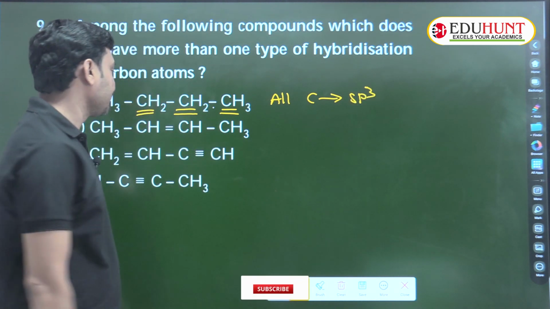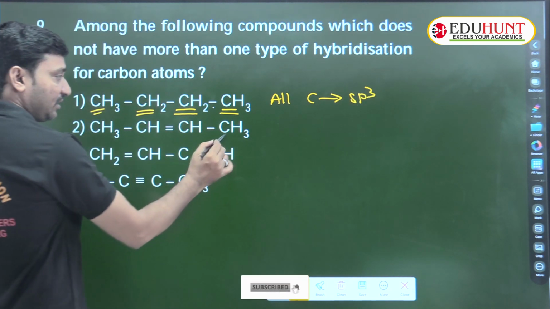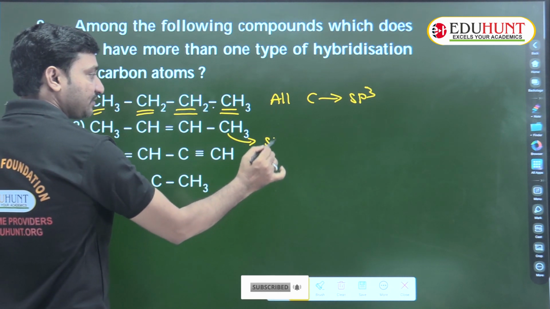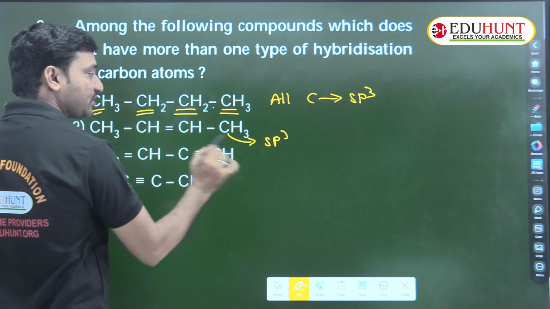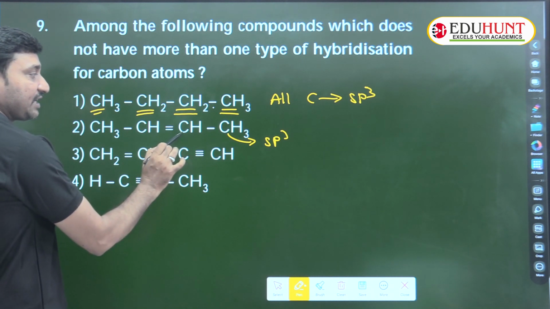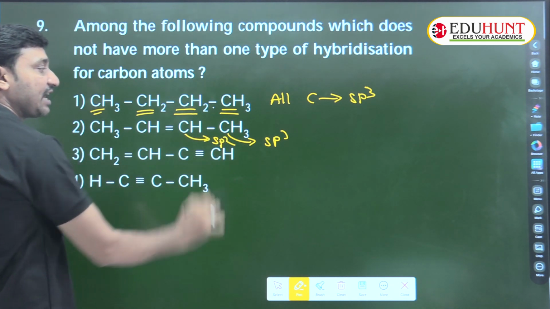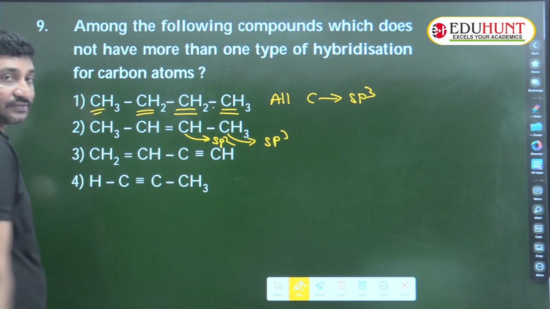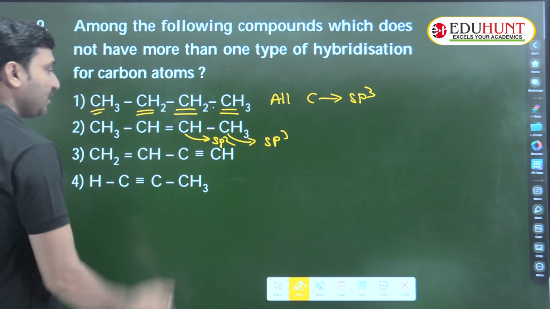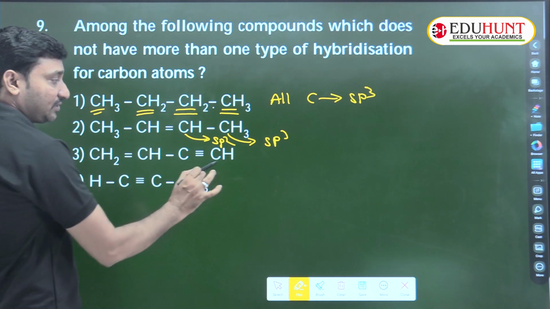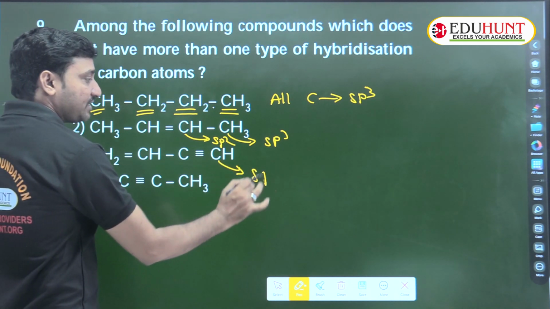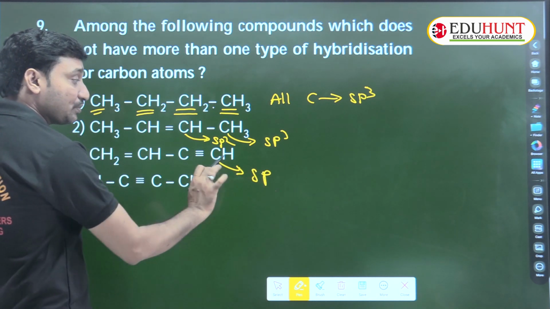Second one, this carbon is sp3 hybridized because around the carbon there are 4 sigma bonds. But this carbon atom is sp2 hybridized. Two different hybridized carbon atoms in this. Here, this carbon is sp hybridized because around this carbon atom there are 2 sigma bonds only.